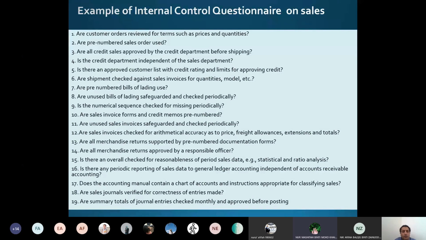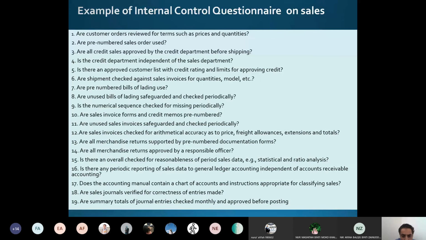Are unused bills of lading safeguarded and checked periodically? Okay, so now we are trying to see whether the company has a checking or review process for unused bills of lading safeguarded and checked periodically. Because, as I said, they are pre-numbered, we check those unused shipment documents.